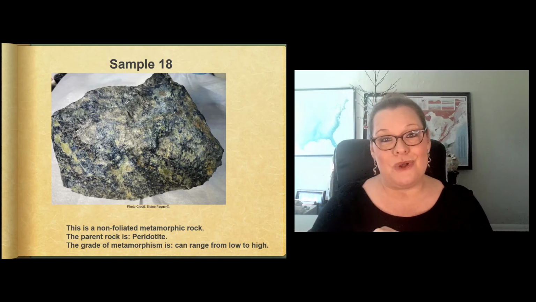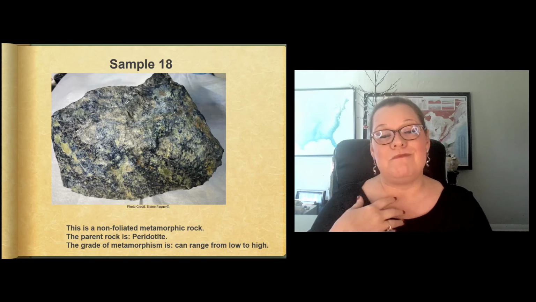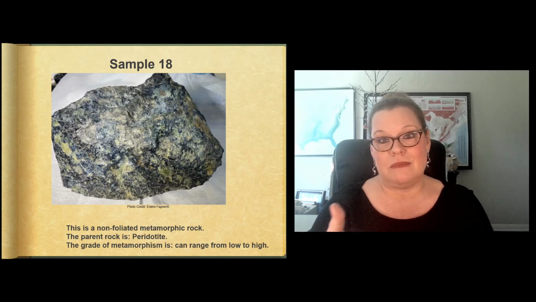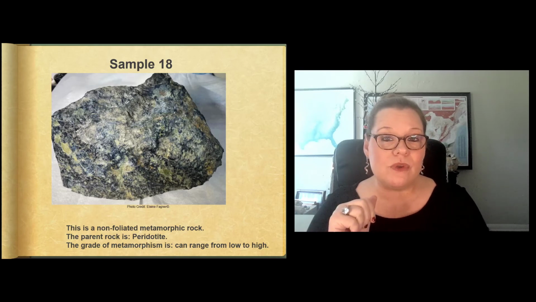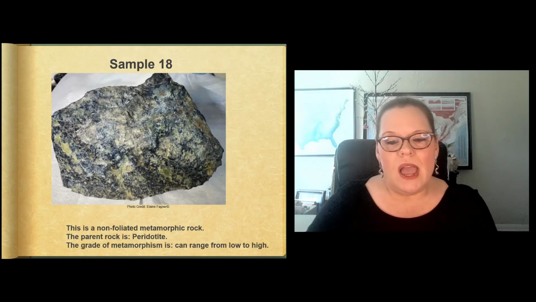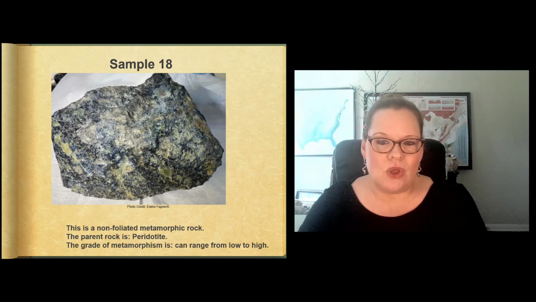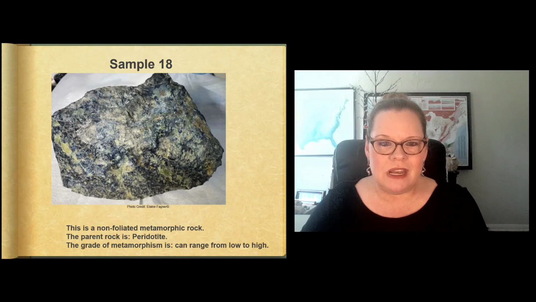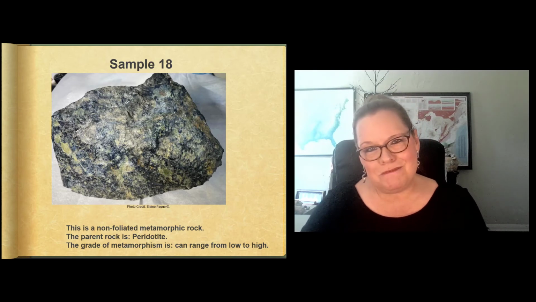This is an ultramafic rock that was intrusive, I might add, plutonic, that's been metamorphosed. And it turned into this beautiful rock. What is it? So it's a low to high grade version of what you're seeing here. But I think the giveaway is the ultramafic and it's non-foliated.